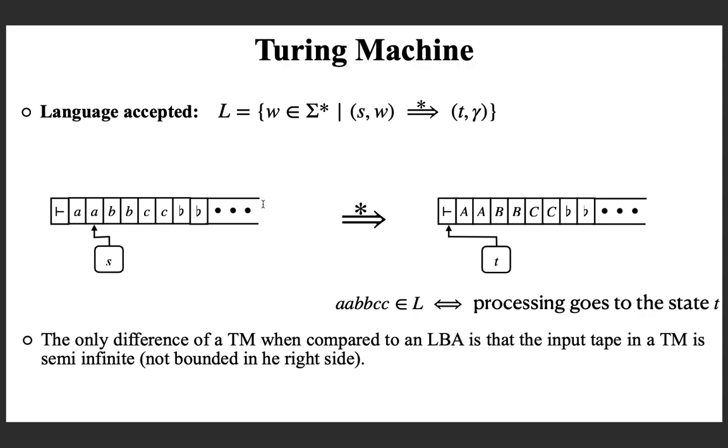For a linear bounded automaton, there is a right bound with a right end marker, but that is not there. The right end marker is not there. The tape is infinite to the right. Infinite number of symbols you can use. And that is the structural relaxation that you have in a Turing machine. Otherwise, the design or computation of a Turing machine is as for a linear bounded automaton.